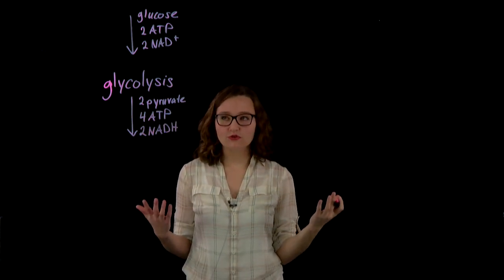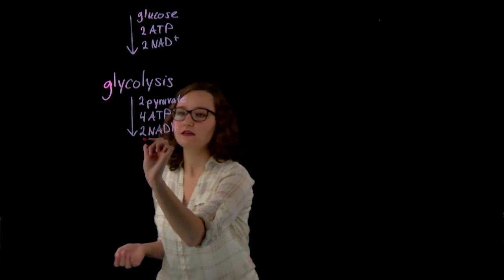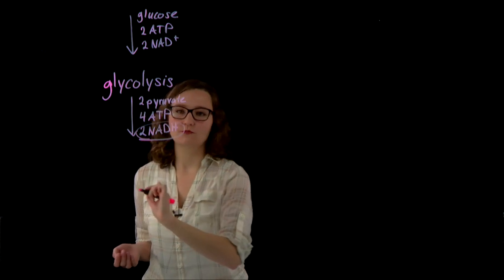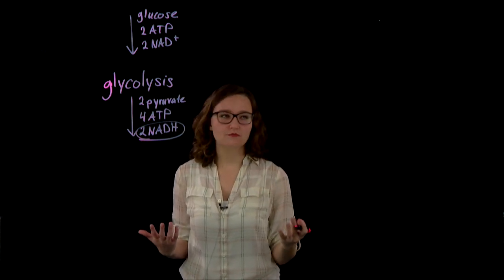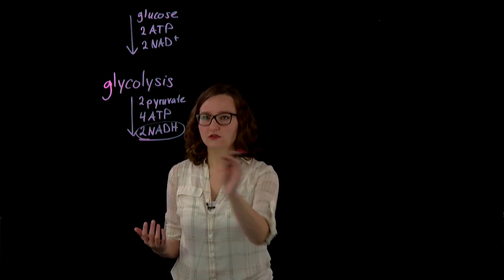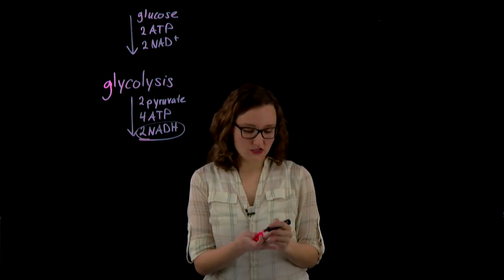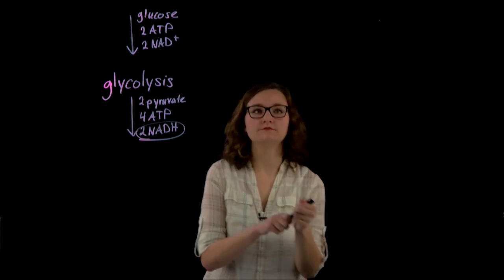But if we want to continue with glycolysis, we need to recycle this. But there's no electron transport chain because there's no oxygen. So what we'll do is we'll go through fermentation.